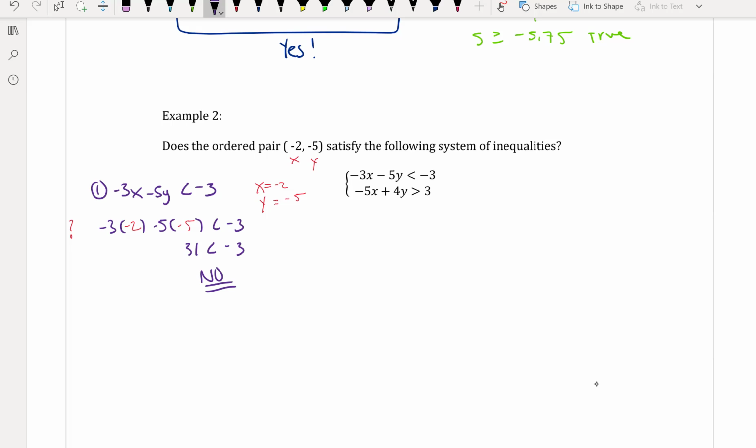No. 31 is not less than negative 3. That cannot be true. So we're going to say no. (-2, -5) does not satisfy the system. Not true. Okay.